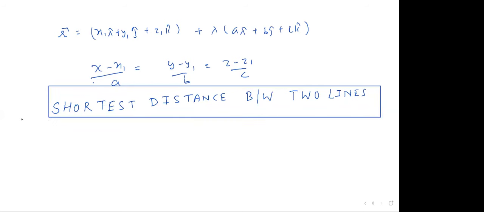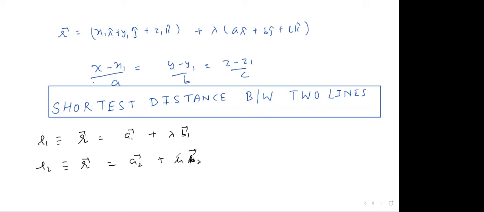Let's say the first line is r vector equals to a1 plus lambda times b1 vector. And the second line is r vector equals to a2 plus mu b2. Lambda and mu are constants.